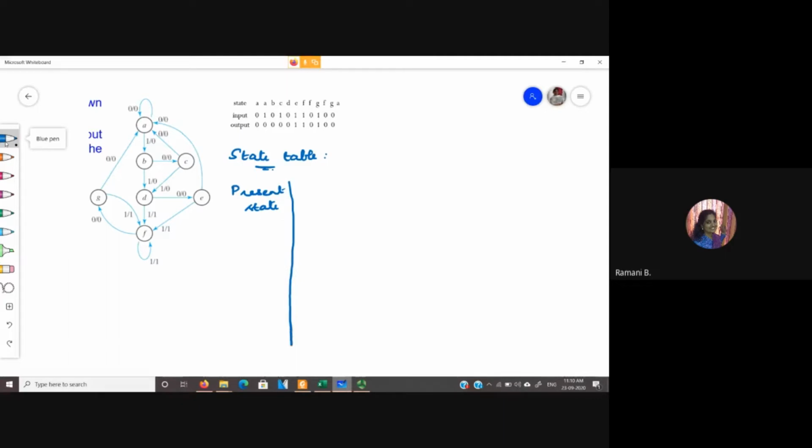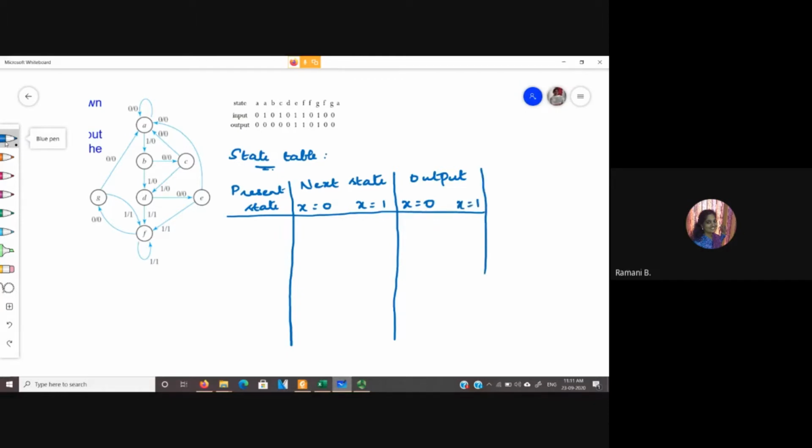Yesterday I was mentioning the other format of writing the state table, where you consider both inputs: given a present state, for input x equal to 0 and x equal to 1, what is my next state, and similarly what is the output given the input is 0 and 1? This is what we are going to write.